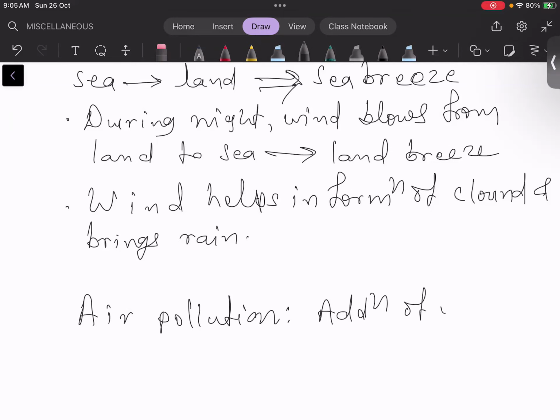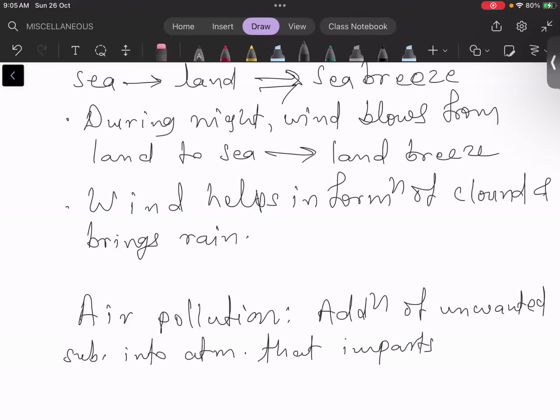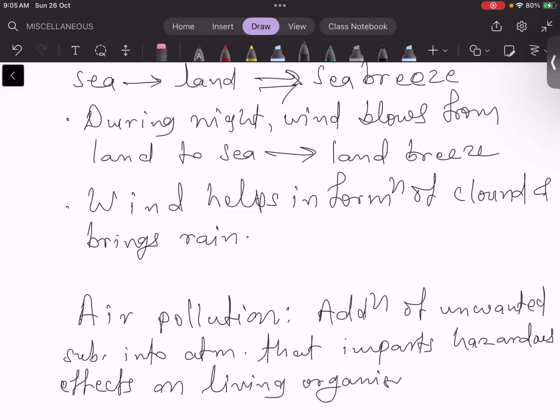Addition of unwanted substances into the atmosphere that imparts hazardous effects on living organisms, that is called air pollution.